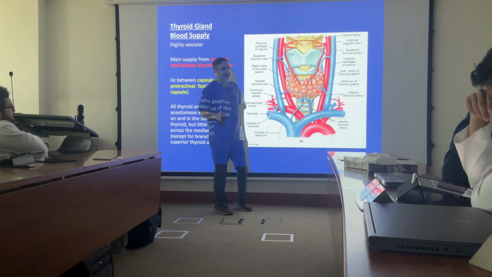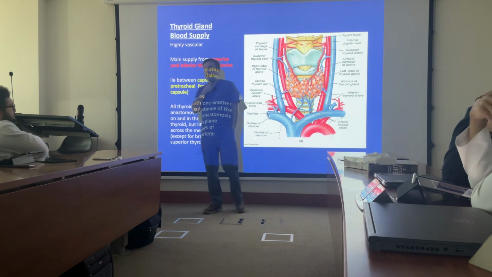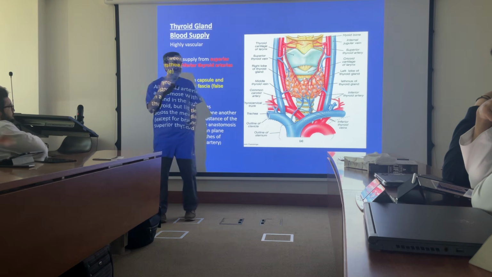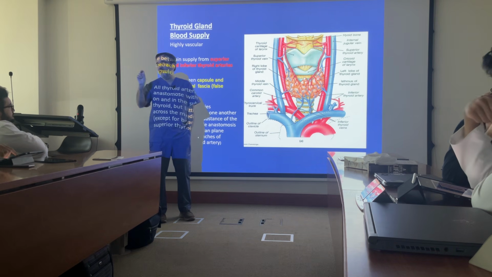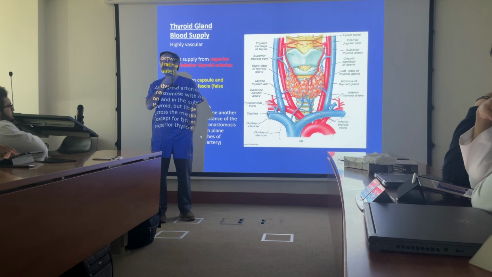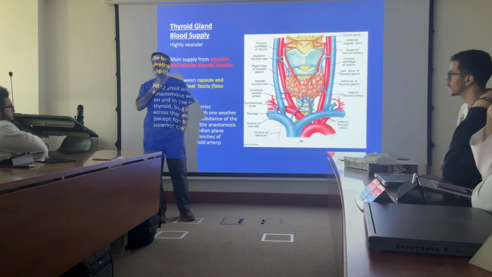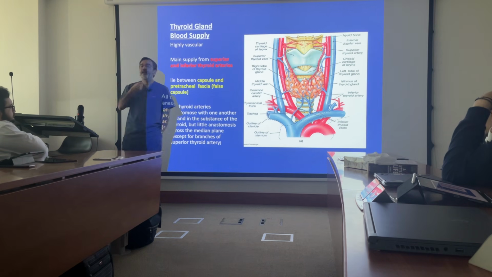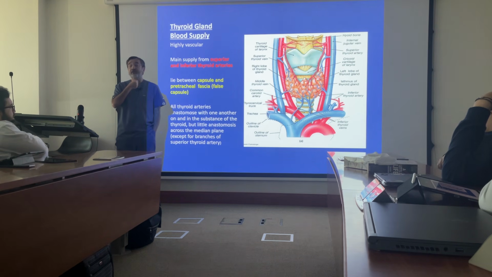In some cases, we do tracheostomy. We make a hole in the trachea and we put a tube here so that they can breathe. If they have an obstruction in the upper part of the airway, we do a tracheostomy, make a hole in the trachea and put an endotracheal tube here so that they can breathe.